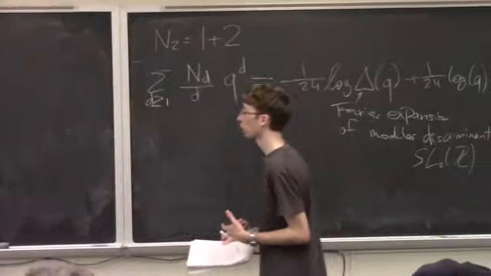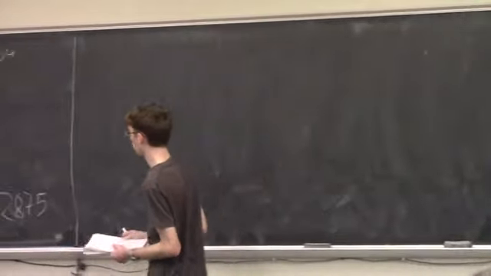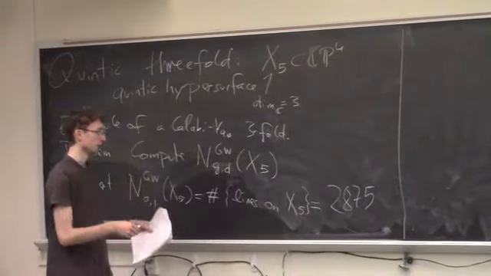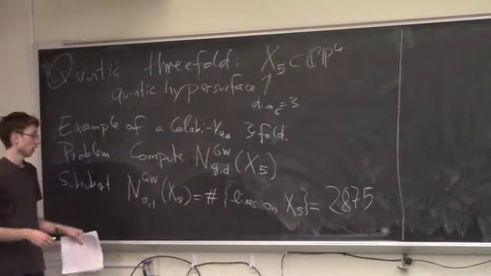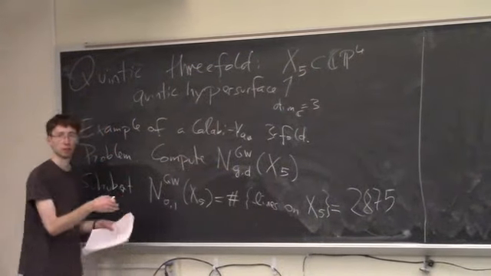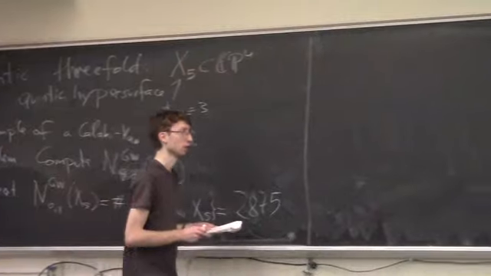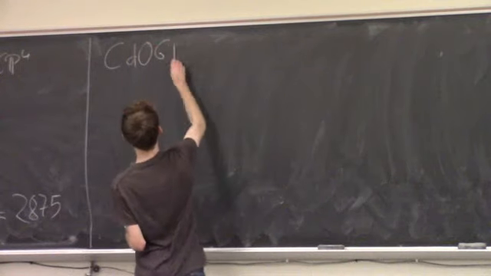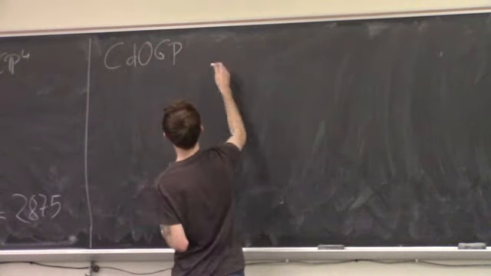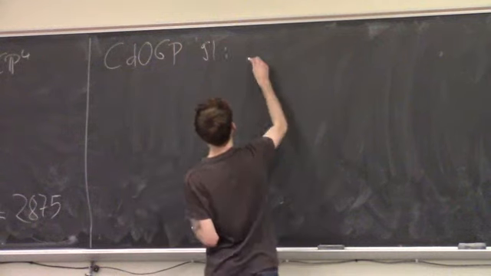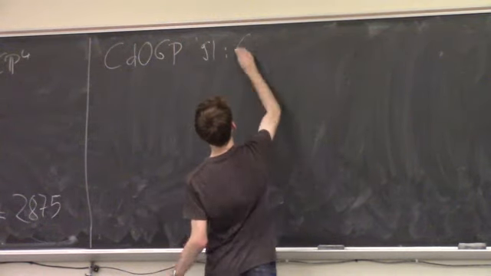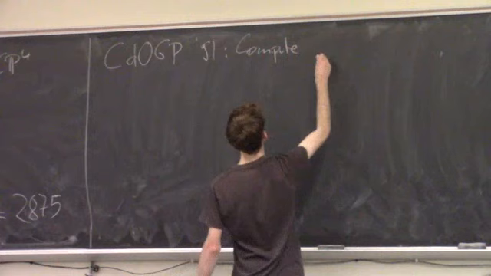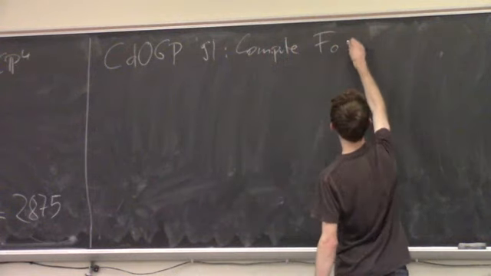Okay, but the actual number of surfaces on X5 we only know in very few examples. But the Gromov-Witten invariants are much more tractable. For example, what is known, by the very influential work of the physicists Candelas, de la Ossa, Green and Parkes in 1991, is that they computed what they call F0.